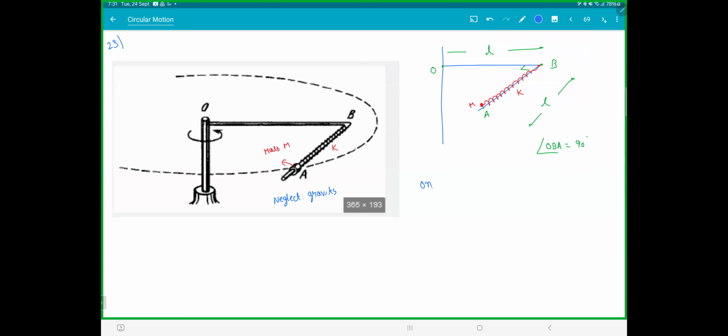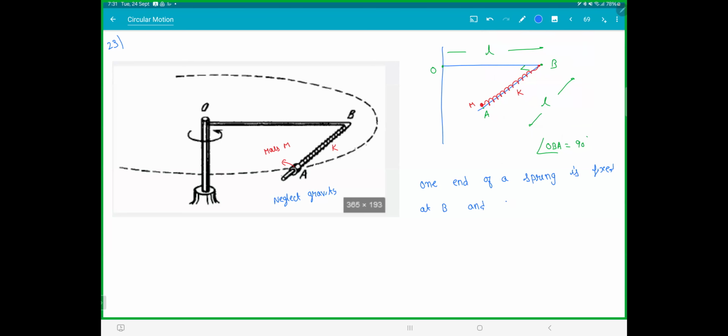So one end of the spring is fixed at point B. It is attached to point B. And the other end is attached to a mobile mass. So this M can move front and back. It's like a rod which can just move around it.